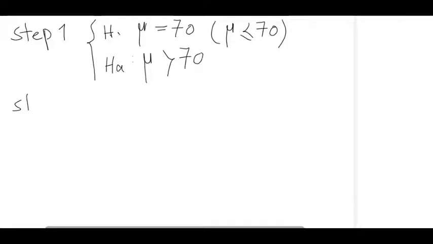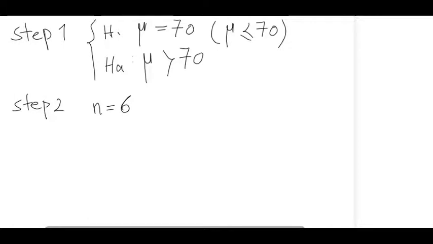Step 2, we need to calculate the test statistics. The sample size is 6. Then we have a sample. It means you have 6 values in the question. So from these 6 values, you need to calculate sample mean and sample standard deviation or sample variance.